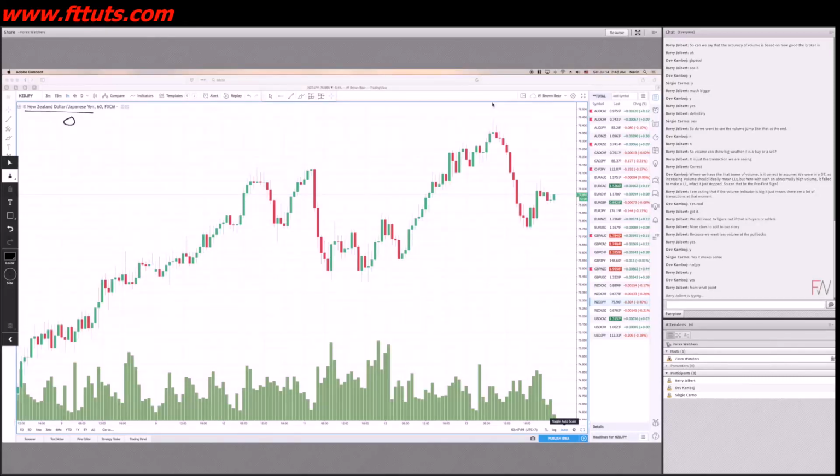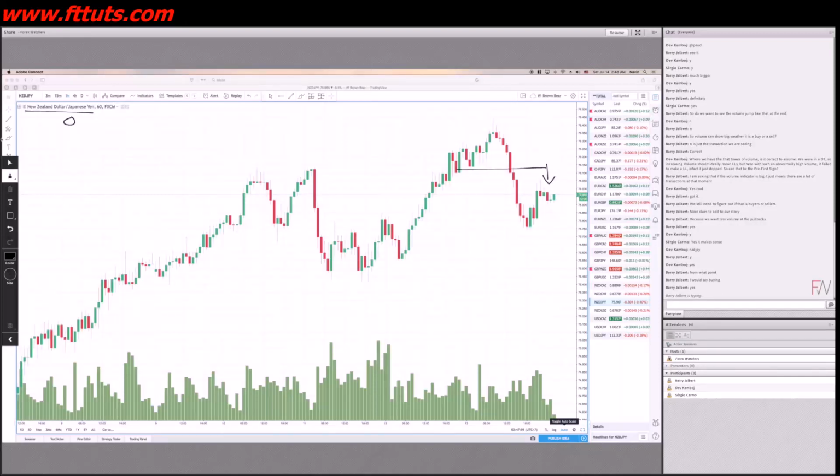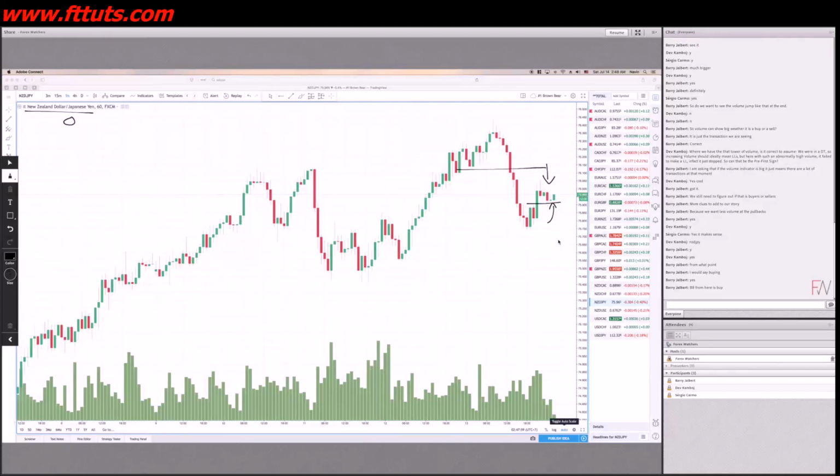What would you say? Right, because you can read it in both ways, right? It means pullback sell like that, or we can read it as, oh, it's a pullback buy. Okay, yeah, so how would you read this in terms of now what your added assistance from volume? How would you read it?